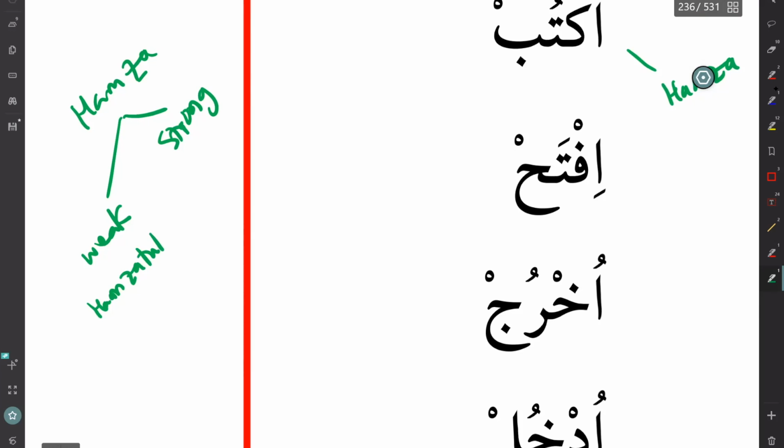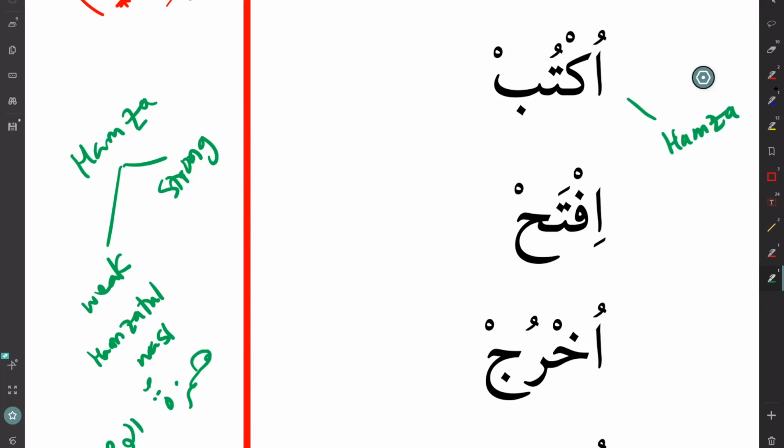Let me write it in Arabic. So we have two types: strong Hamza, which is your standard Hamza, and the weak Hamza.